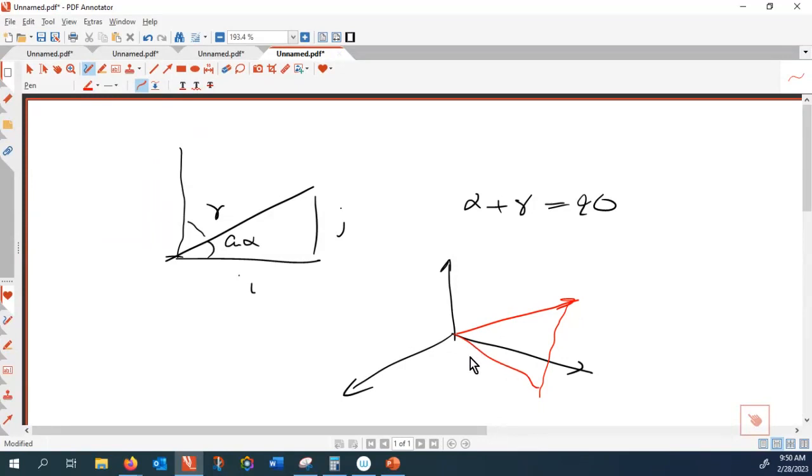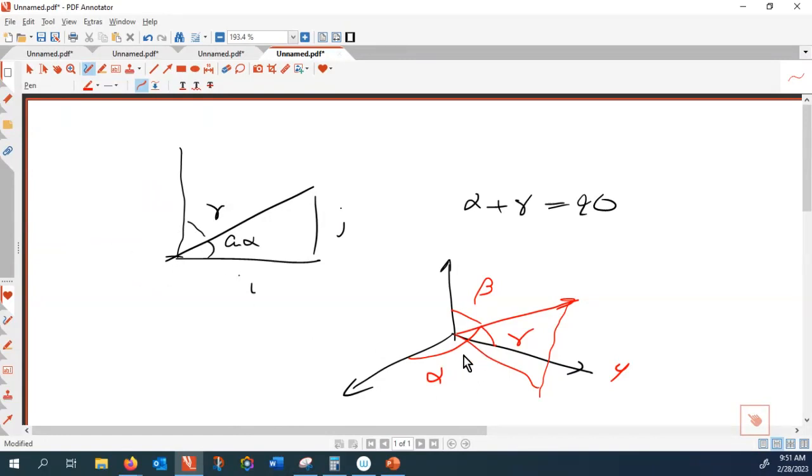If I project it here, it makes an angle with x, I call this alpha, makes an angle with y, call this gamma, and another angle with the z, I call this beta. So do I need to give you all 3 angles? No, 2 of them are enough. In 2 dimension, there are 2 angles. I only give you one. The second one you find.